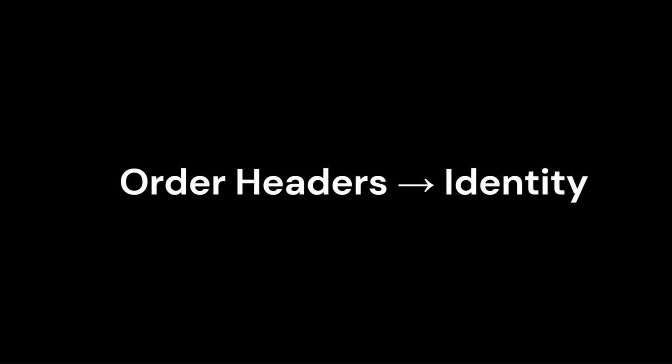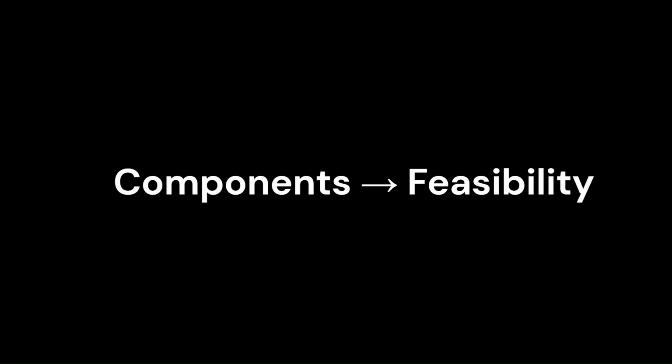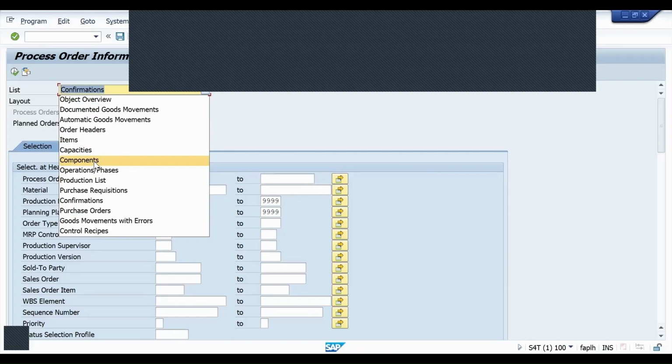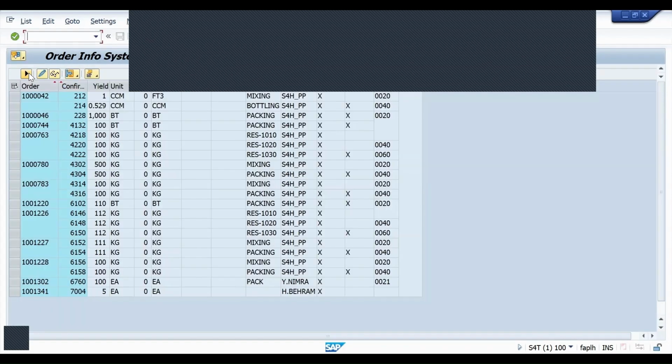Order headers establish identity. Operations establish execution state. Components establish feasibility. Only after these anchors are validated do we evaluate confirmations and quantities. This way, even though the report looks different today, the automation still produces the same business conclusions.